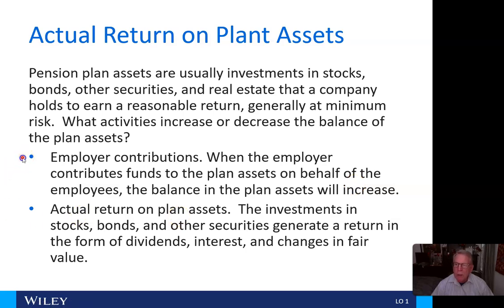Number one, employer contributions. When the employer contributes funds to the plan assets on behalf of the employees, the balance in the plan assets will increase. And number two, the actual return on plan assets. The investments in stocks, bonds, and other securities generate a return in the form of dividends, interest, and changes in fair value.